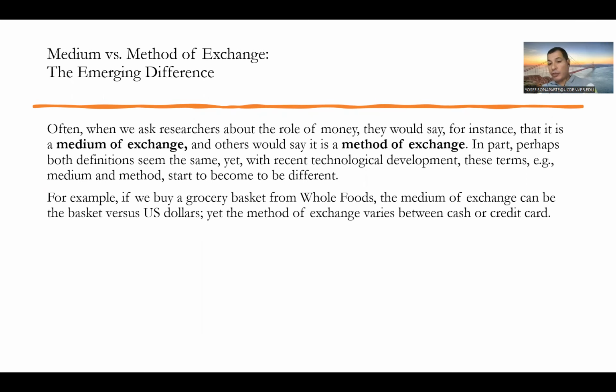The method of exchange is different. It could be a credit card, cash, a check, many things. So the medium and method of exchange have become different from one another. The medium of exchange is a dollar, but the method of exchange could be a credit card, a check, cash, and other things.